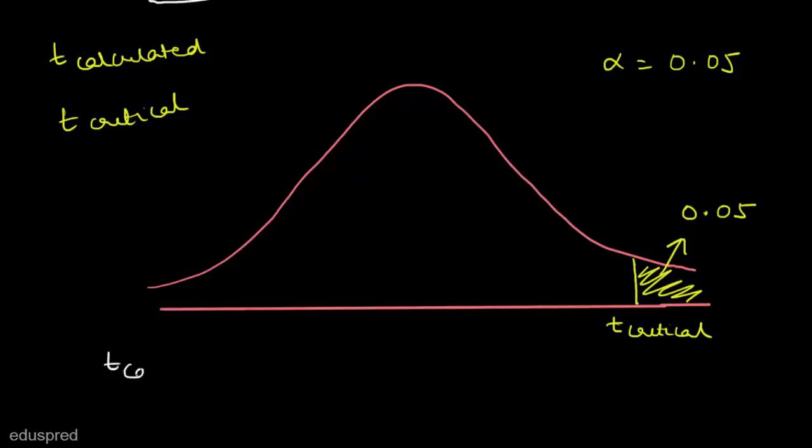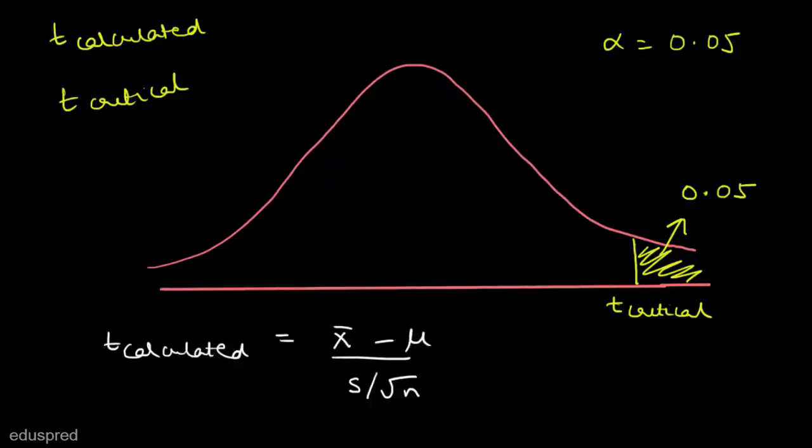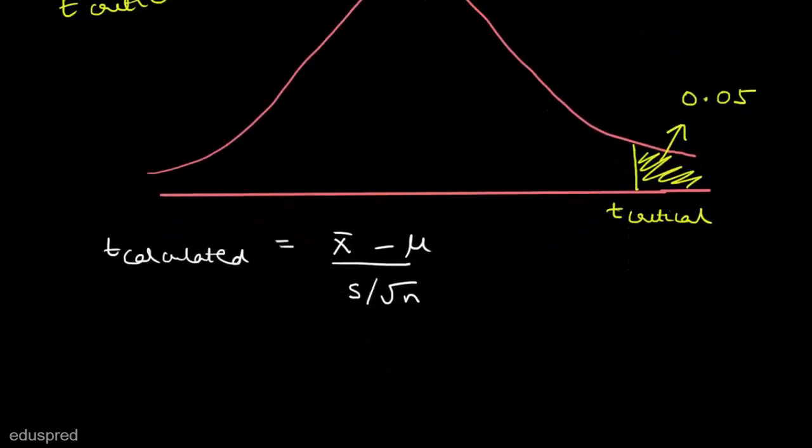So t calculated is equal to x bar minus mu divided by sample standard deviation divided by under root of n. So this is the formula to calculate the value of t. Note that the mu value that we are going to write here is the value of mu under the null hypothesis.